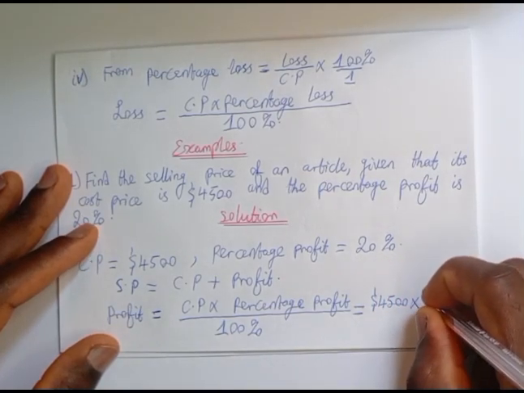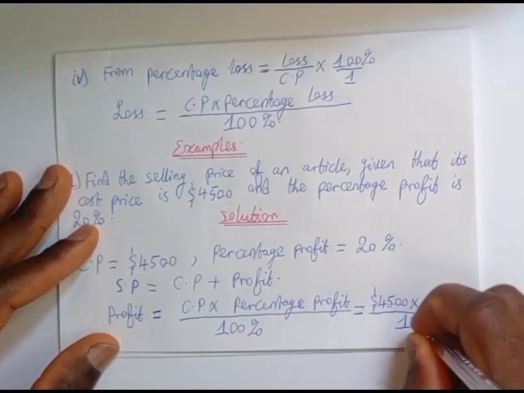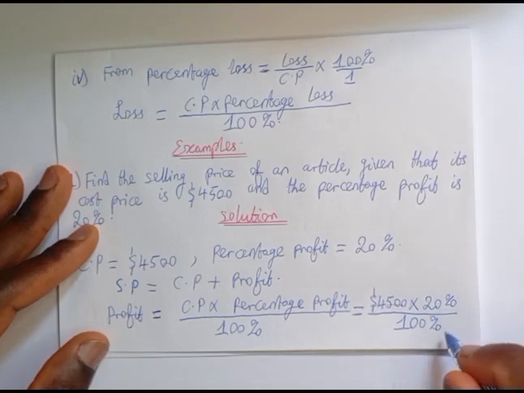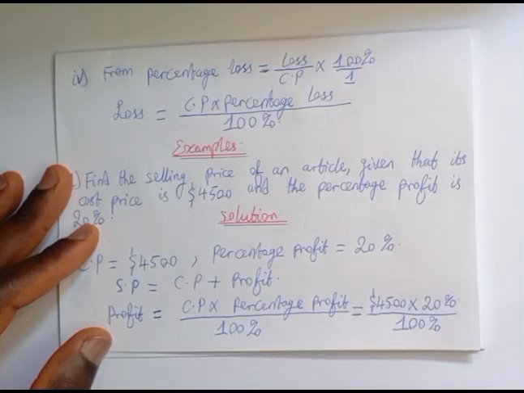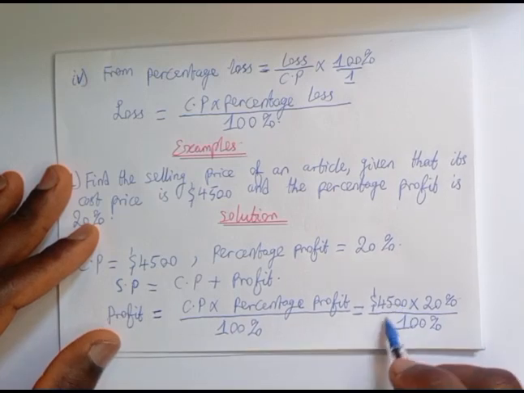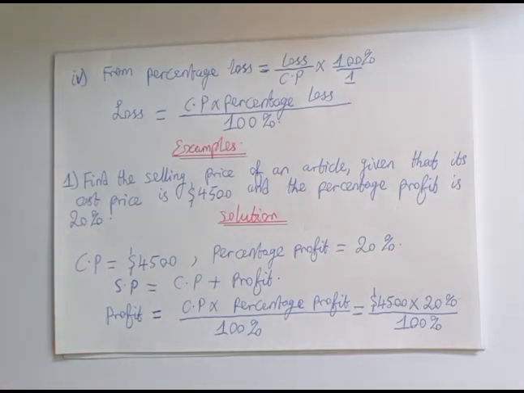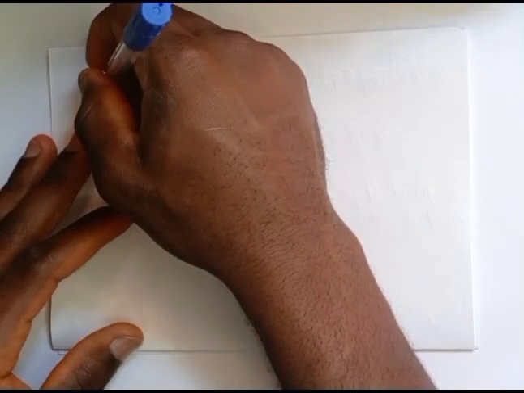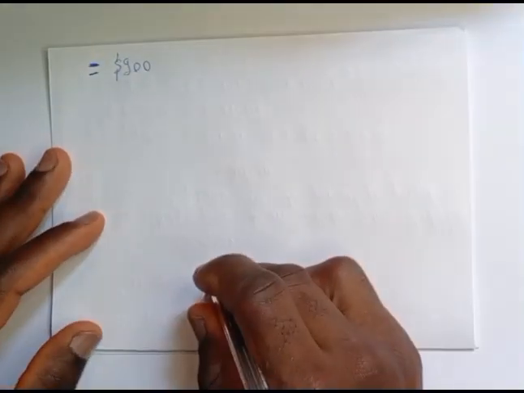This will simply be equal to $4,500 times the percentage profit, which is 20%. We divide by 100%. You'll see that the percentage sign will strike off. 20% will go into 100% 5 times. $4,500 divided by 5 is simply equal to $900. $900 is the profit made.